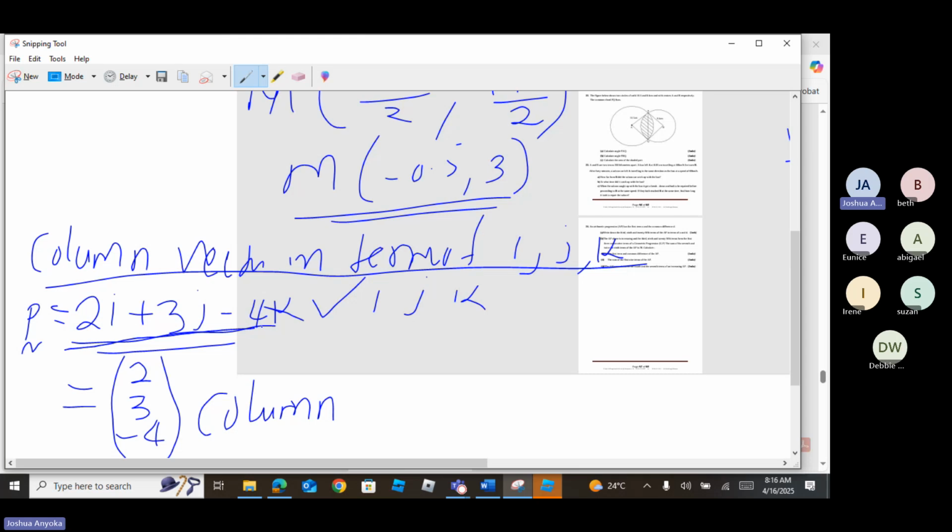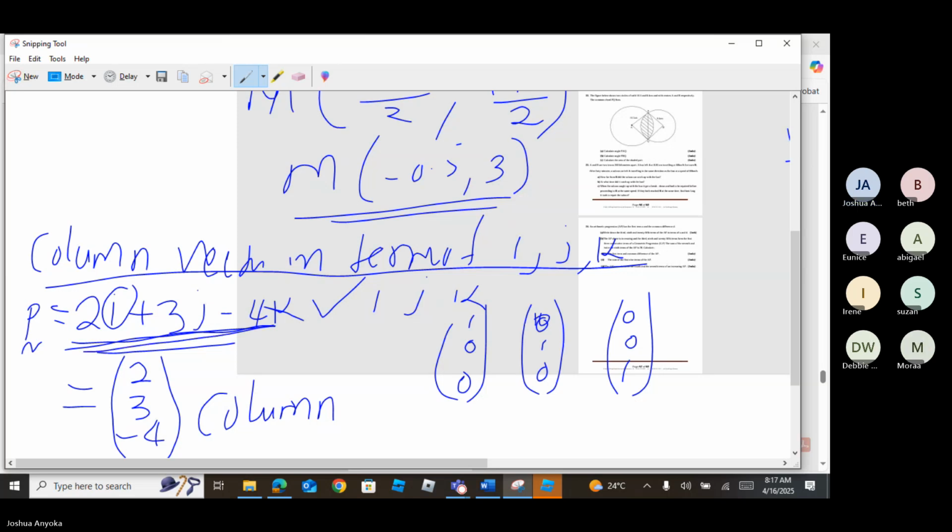So this is a column vector because we said i stands for (1, 0, 0), j stands for (0, 1, 0), and k stands for (0, 0, 1). So if we replace this in this vector, we are likely to land at this.